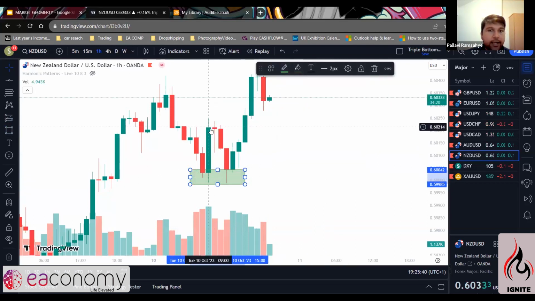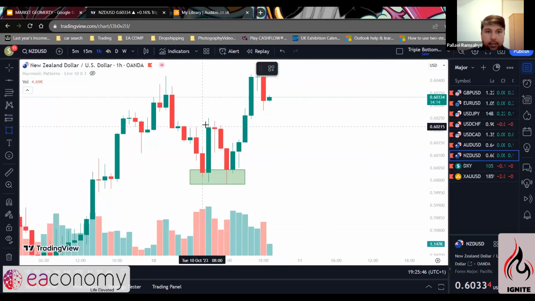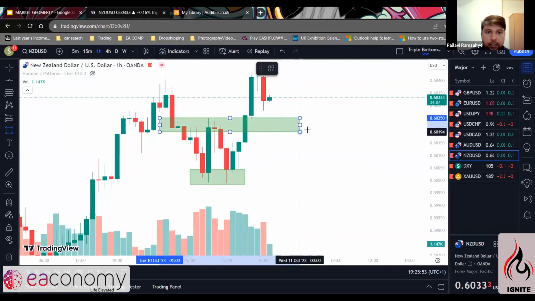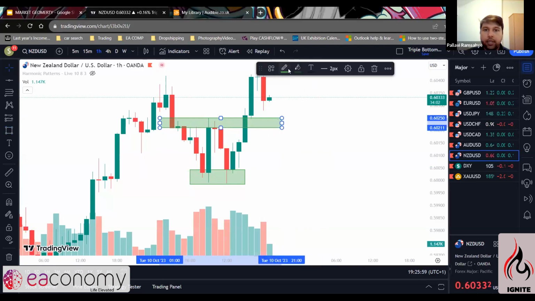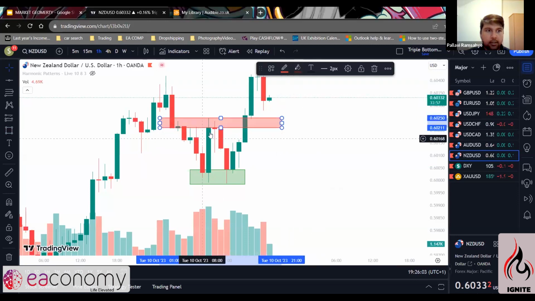Then you've got your swing high in the center there. Right. So let's draw up the resistance point here. At this point, you've got your resistance there.